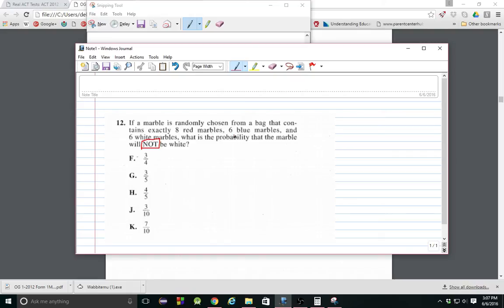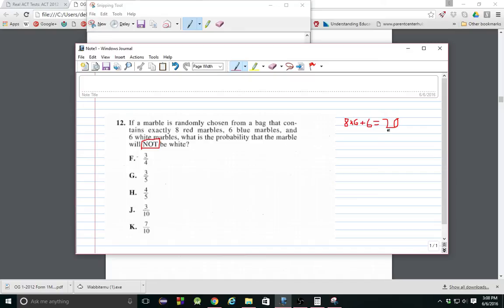So first thing we do is we add all this together. A marble is randomly chosen from a bag that contains 8 red, 6 blue, and 6 white marbles. So 8 plus 6 plus 6 equals 12 plus 8, which is 20.